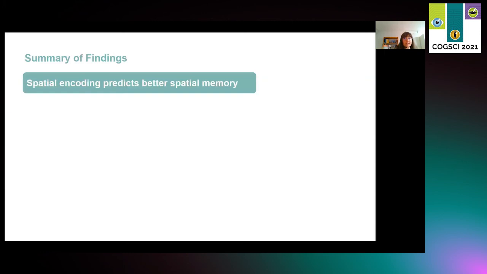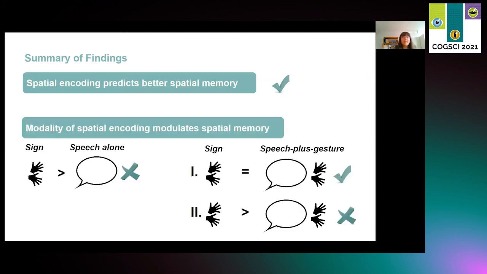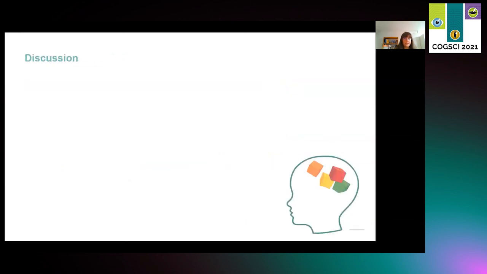First, we investigated whether encoding with spatial language predicts better memory than not encoding with spatial language. Indeed, we found that encoding with language predicted better memory. Second, we investigated whether encoding with different modalities leads to differences in memory accuracy. We found that modality of encoding does not further predict differences in memory accuracy.